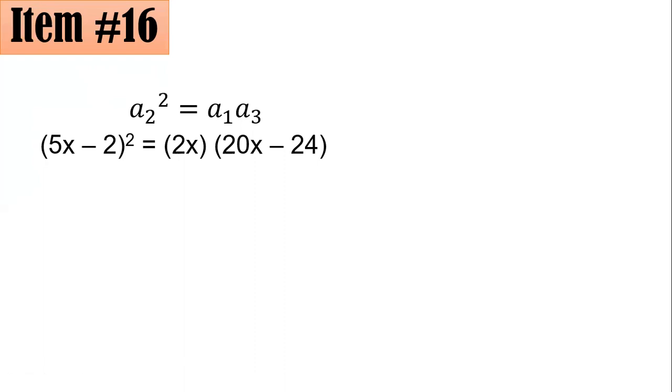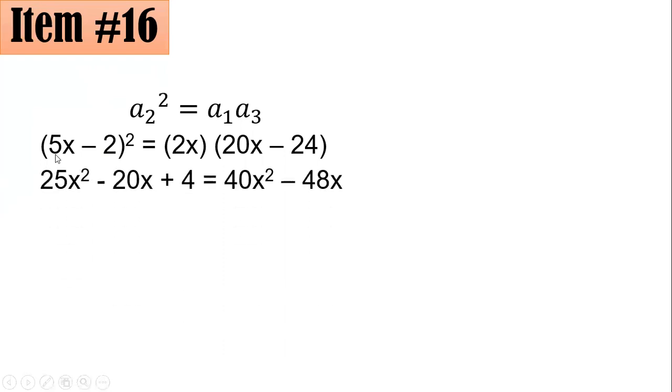So from here, squaring the 5x minus 2, you square the first term, so 25x squared, twice the product of the first and the second term, so 5x times negative 2, that's negative 10x, times 2, that's negative 20x, plus the square of negative 2, which is 4, equals the product of this, just use the distributive property.